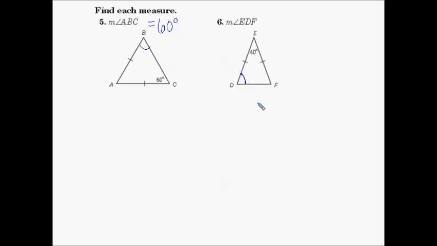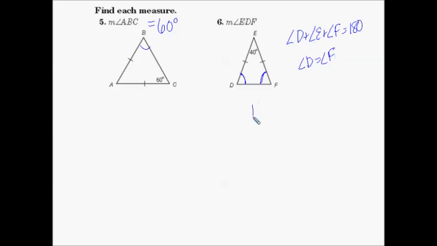Well, these two sides are the same, which means that these two angles are the same. So I'm going to have two of these, plus that one I know, is going to equal 180. Right? So all three angles. And then angle D is equal to angle F. So I've got two of those.